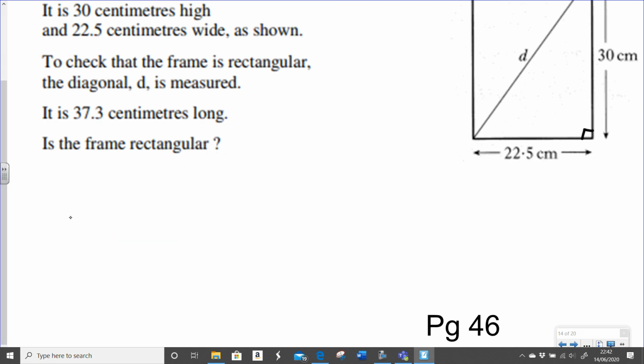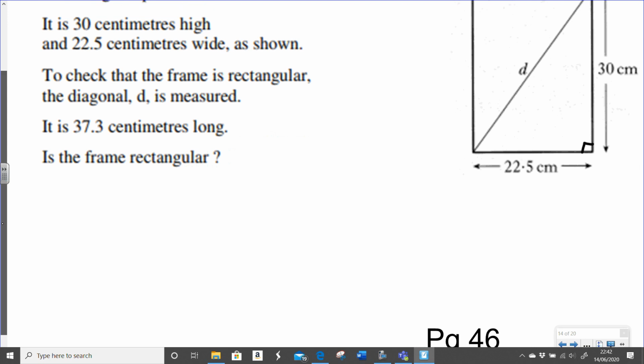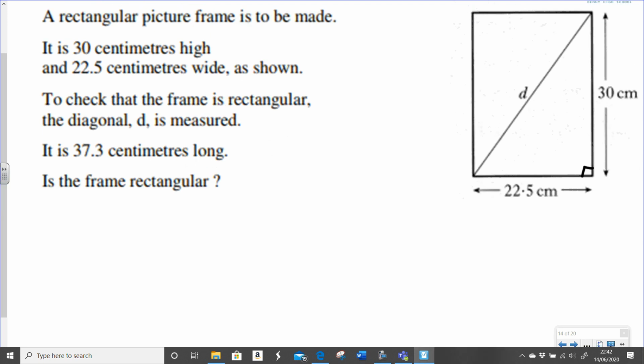we want to first of all square the two short sides and add them together. So 22.5 squared, add 30 squared, and that gives us 1406.25. We're then going to take that diagonal, which is 37.3.